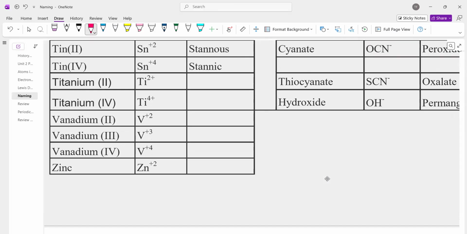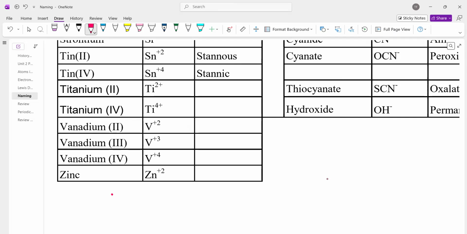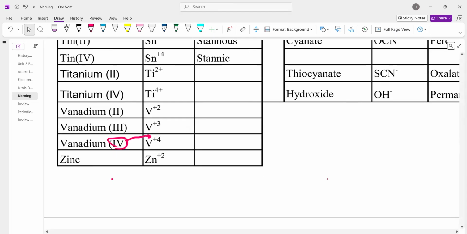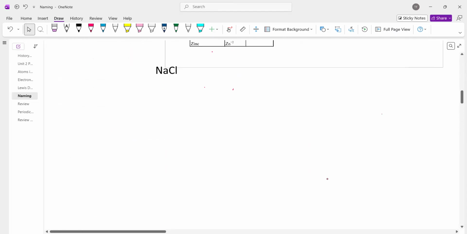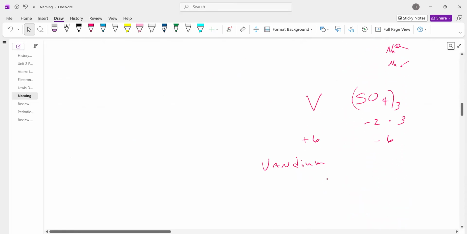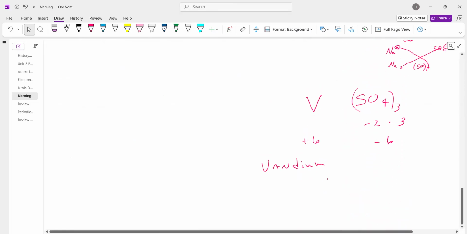And this again reflects charge. So if the 4 there reflects the charge, what must the charge be on the one I just wrote? Six. So it's going to be vanadium 6.